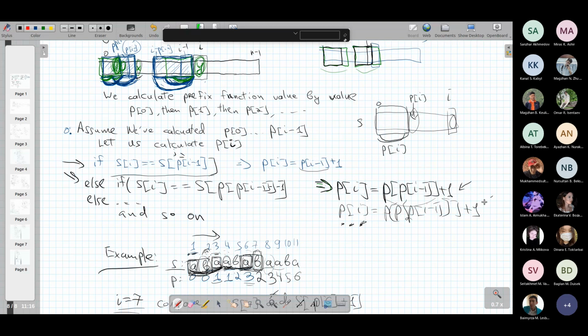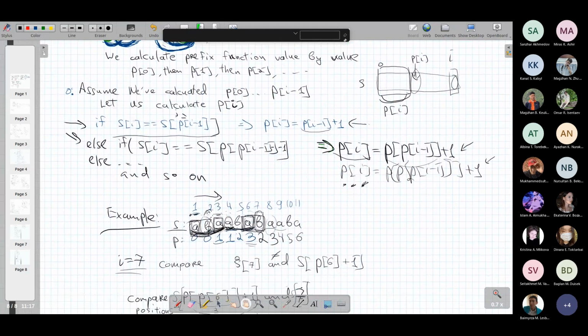So P of i is not larger than P of i minus 1 plus 1, right? At each step P increases by 1 in the best case, by 1, by 1, by 1.